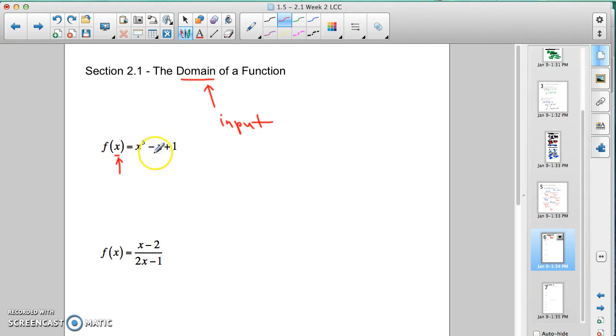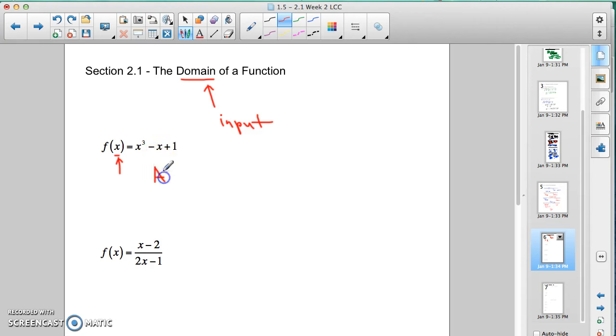When we look at the inputs here, you should ask yourself, are there values I cannot put in for x? Is there something that's not going to be defined, or is there some value I can't plug in and cube or subtract? In this case, there aren't any restrictions on the domain. I should be able to put in all real numbers here.